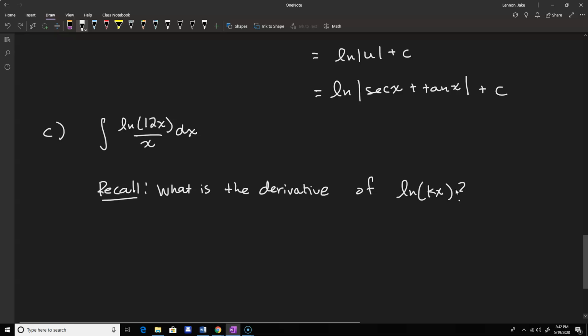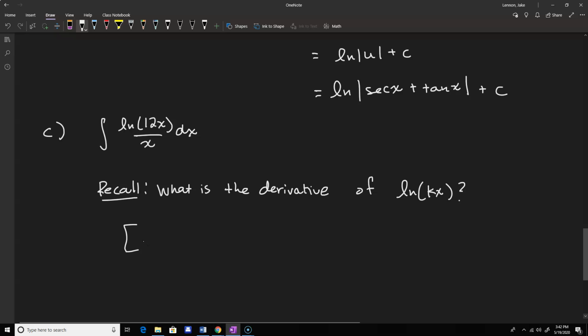And a lot of people remember that the derivative of the natural log of x is 1 over x, but if you put that constant in the middle, there's a couple of ways to see it, actually. You could use a substitution and do a chain rule, or in fact, you could actually just use properties of logarithms. So let's use properties of logarithms, in fact.